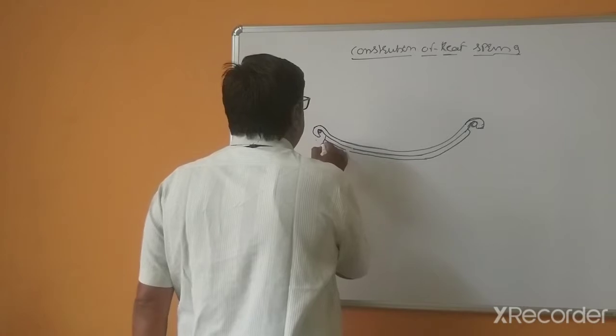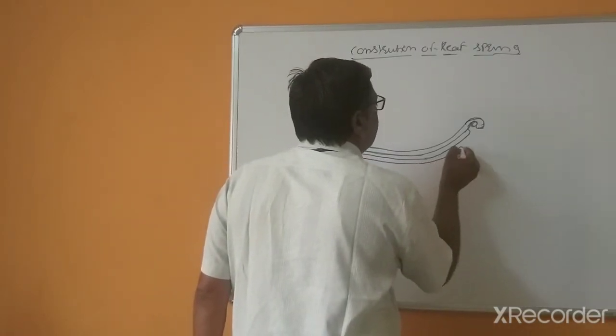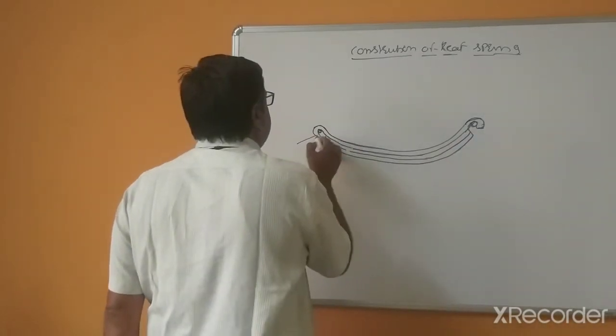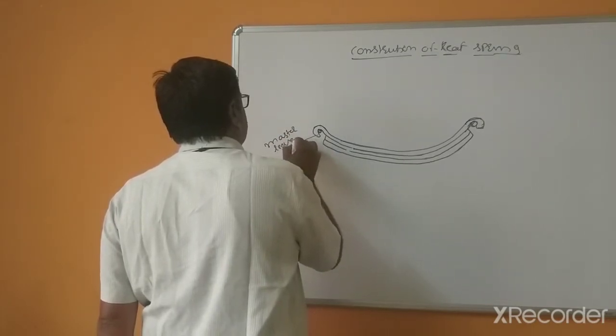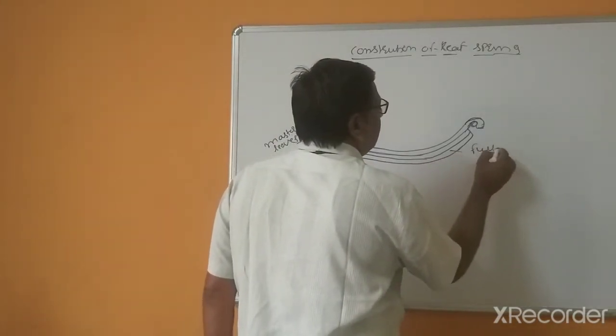So these are the two full leaves. This is the master leaf, and these are the full leaves.